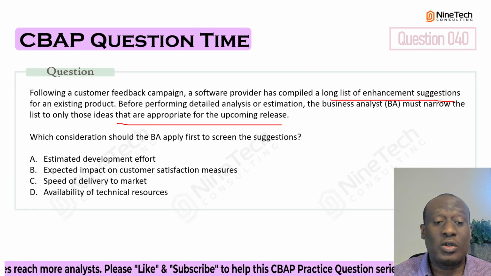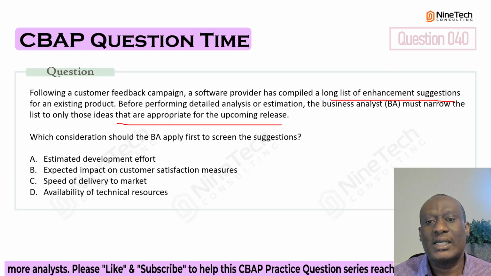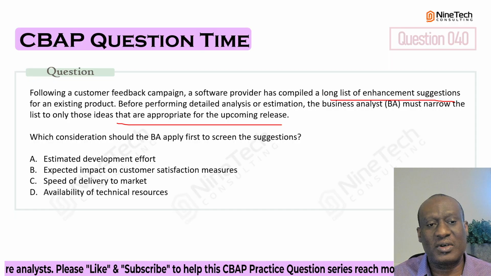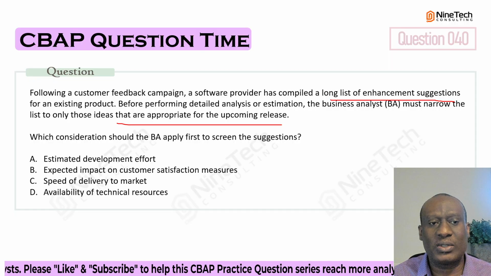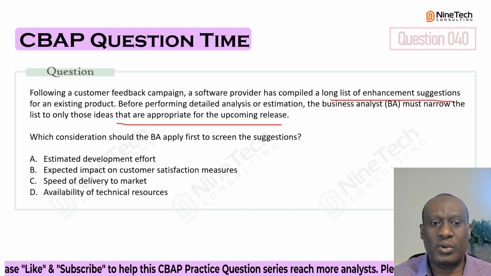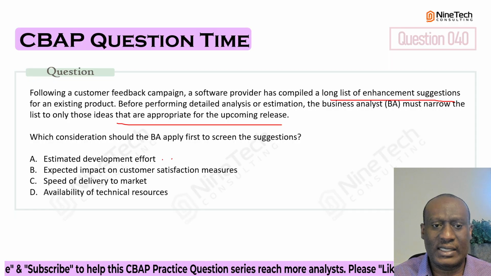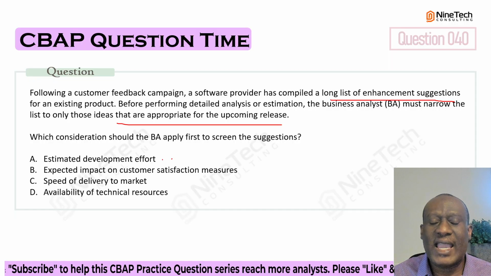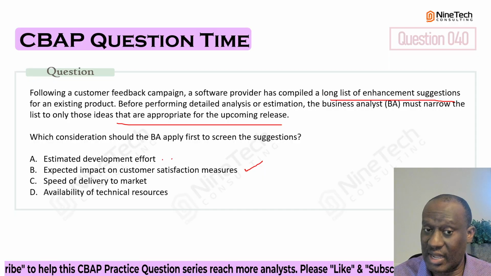Option A, estimated development effort. Yes, estimated development effort is one way to do that, but in this case, I don't think it is the most appropriate for this upcoming release. So I'll just put a dot at that. Let's look at other options. Expected impact to customer measures. I like that.